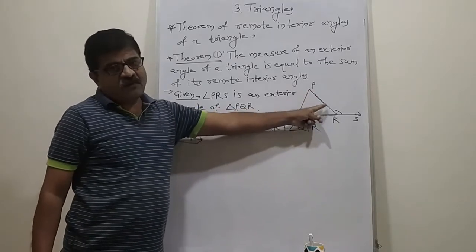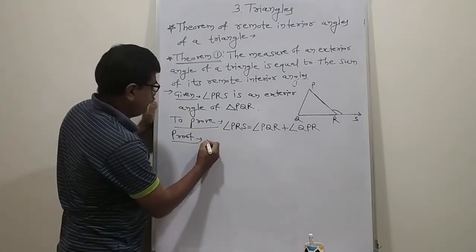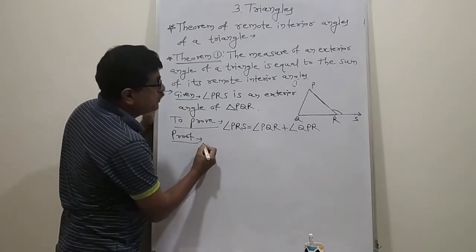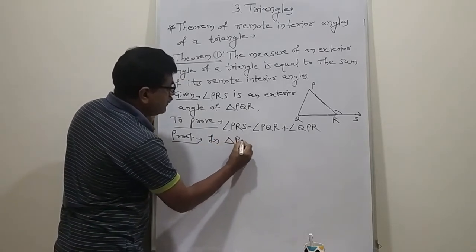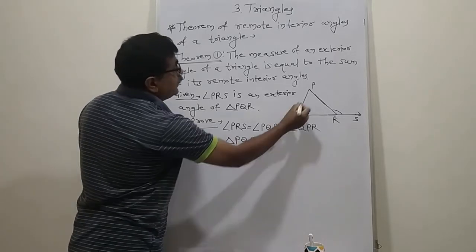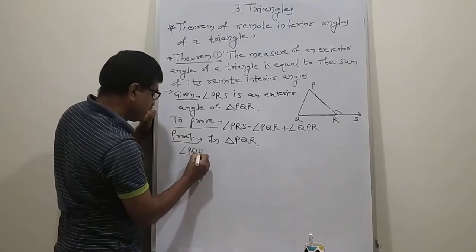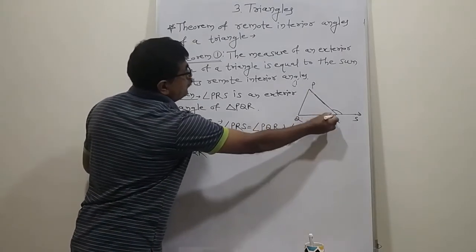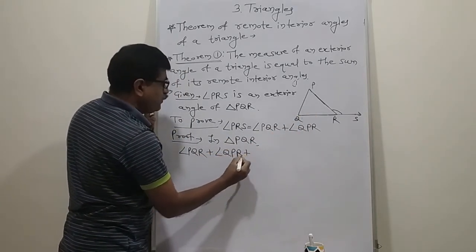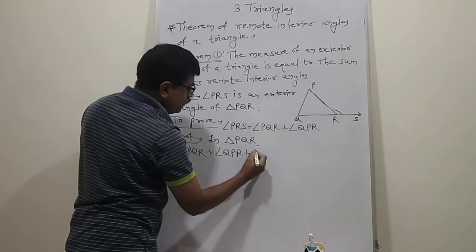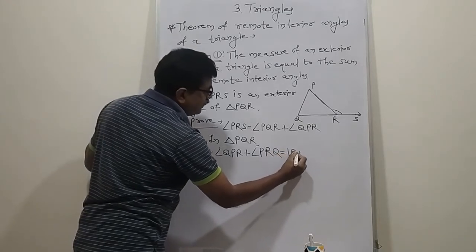Now we know that the sum of all angles of a triangle is 180 degrees. Now write down in proof. In triangle PQR, angle PQR, that is this Q angle, plus angle QPR plus angle PRQ is equal to 180 degrees.